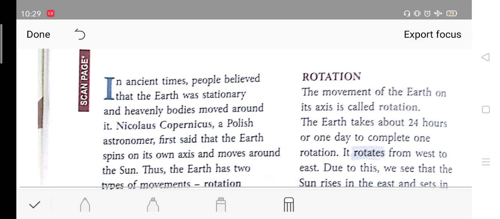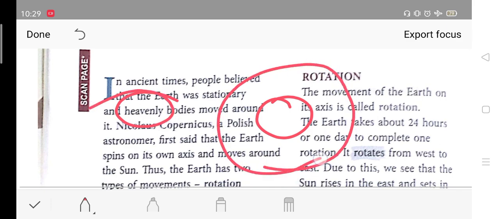Other bodies in space, in the universe, were revolving around the earth. The earth is stationary, not moving, but other celestial bodies were moving around it.